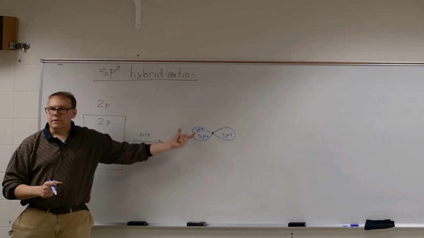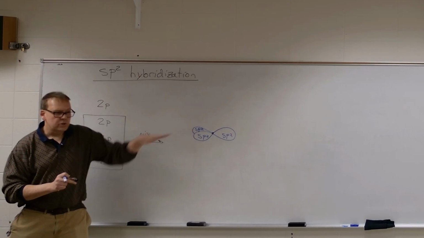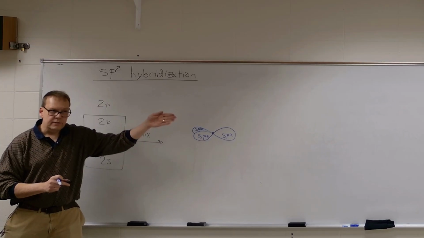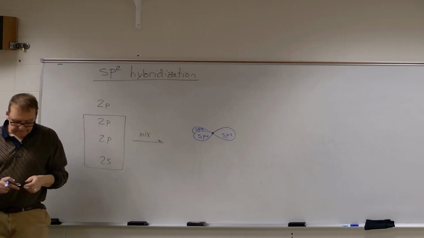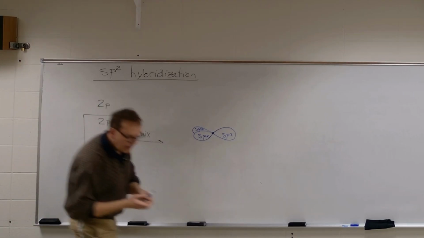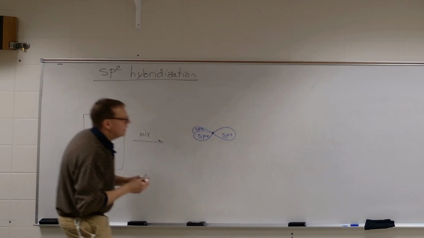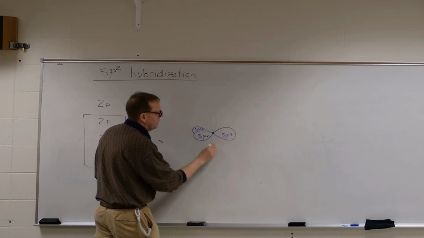And this is where the three-pronged propeller shape comes from. So this is like a propeller shown edgewise. If you turned it like this, you'd see the prongs of the propeller with 120-degree bond angles. So that is the hybrid orbitals, but we've got one leftover p orbital that we have not accounted for, and that's actually right here.